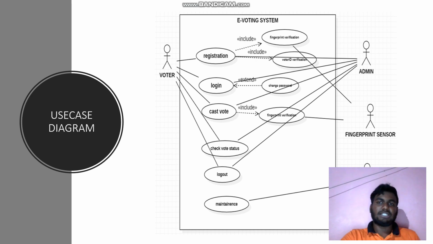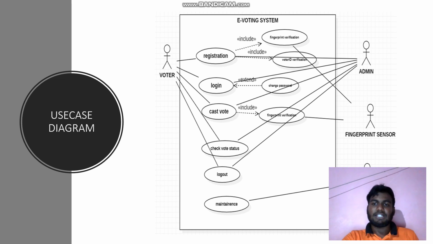Let's see the use case diagram for the e-voting system. Voter is the main actor, and the secondary actors are admin, fingerprint sensor, and technician. First, the voter registers to the e-voting system with the help of fingerprint verification and voter ID verification, and then they log in.